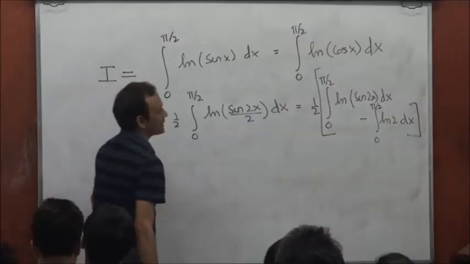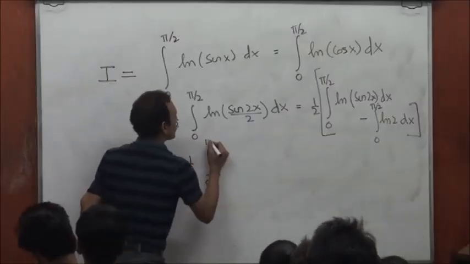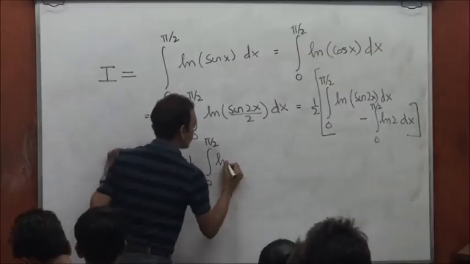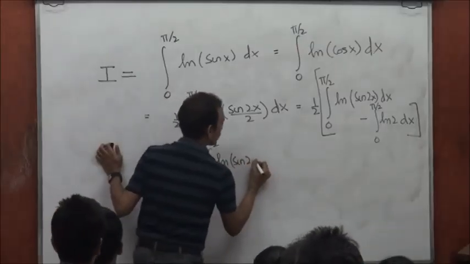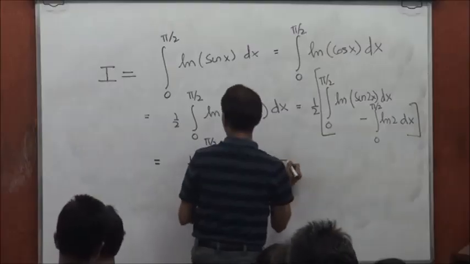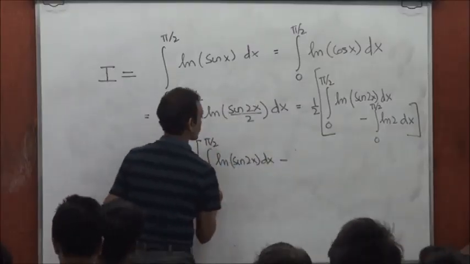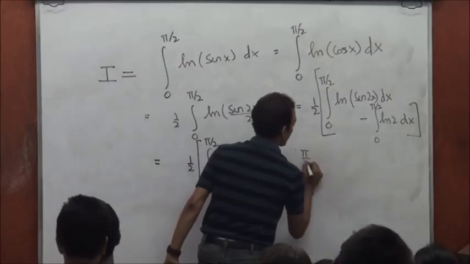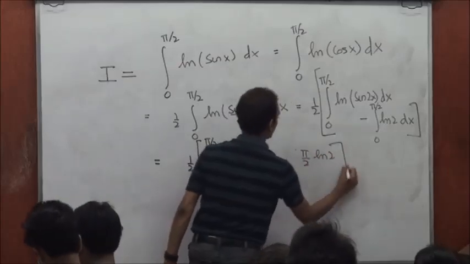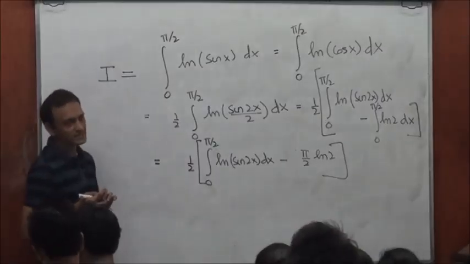Which I could write as half of 0 to pi by 2, minus pi by 2 log 2, yes or no? Does it make sense? Okay.